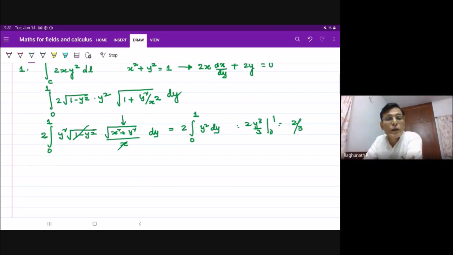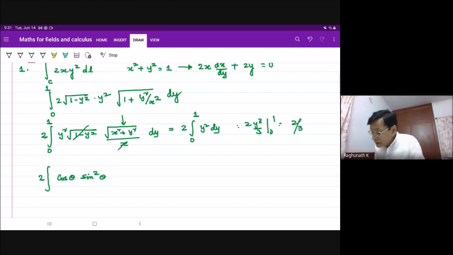In circular coordinates, along the circular path of radius 1, x is equal to cos phi, and y is equal to sin phi.